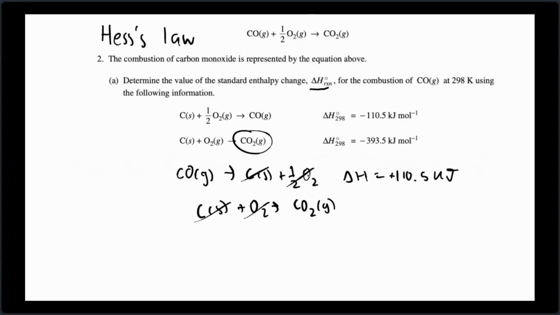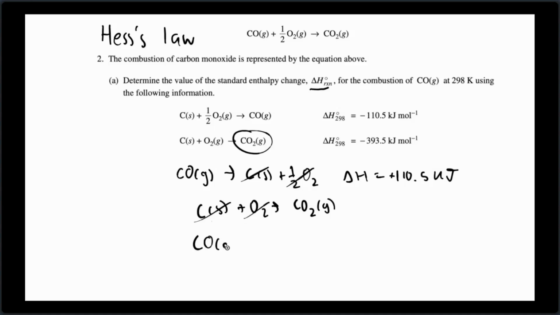When there's an element on the product side and the same element on the reactant side, we cancel it out. Since carbon is on the product side in the first equation and on the reactant side in the next one, we cancel those out, and same with oxygen, and 1/2 minus 1 just gets you 1/2.